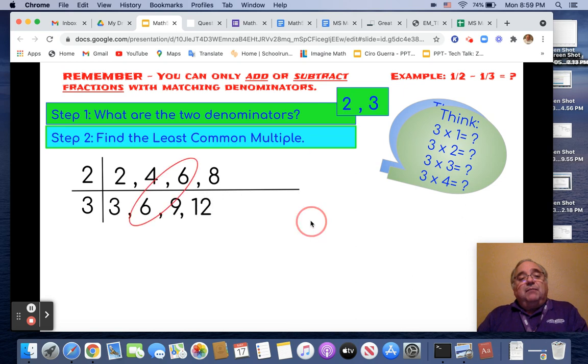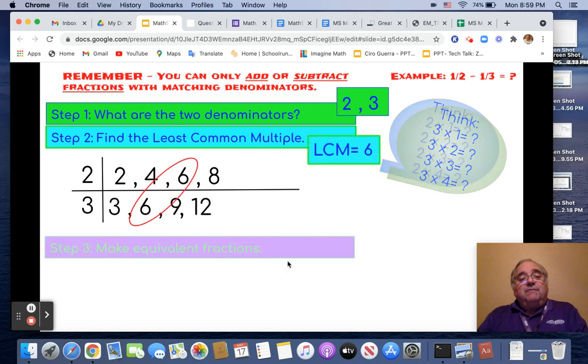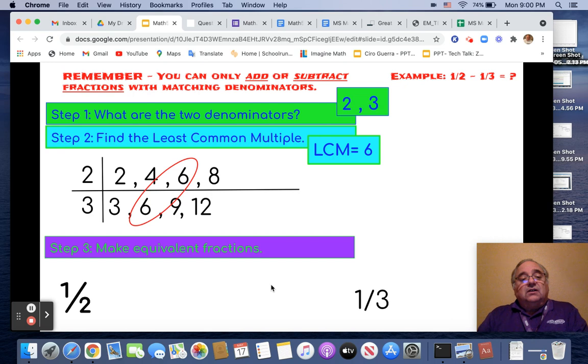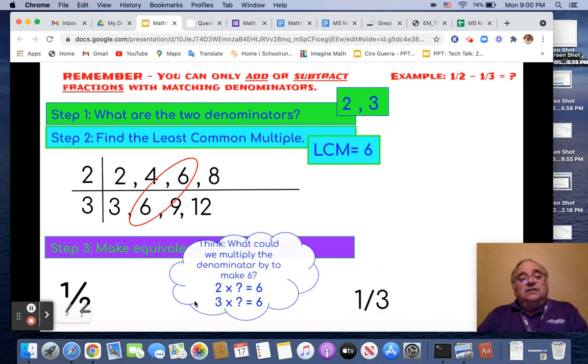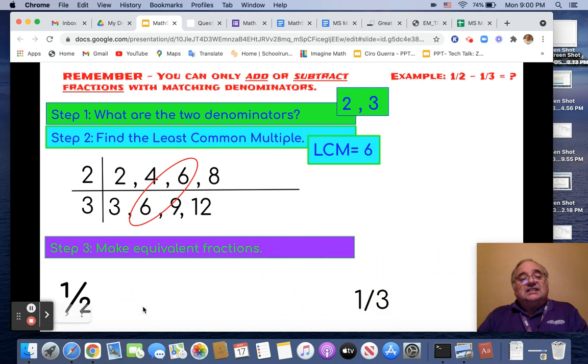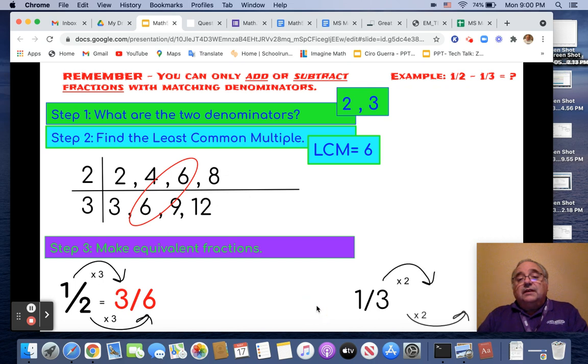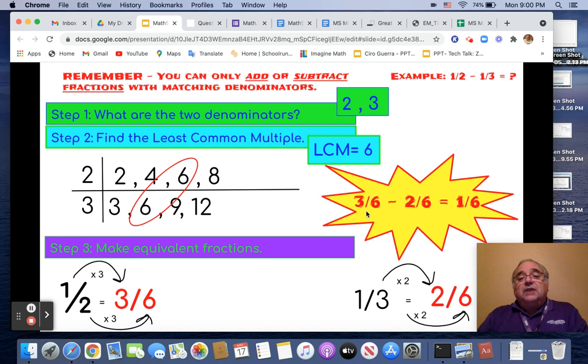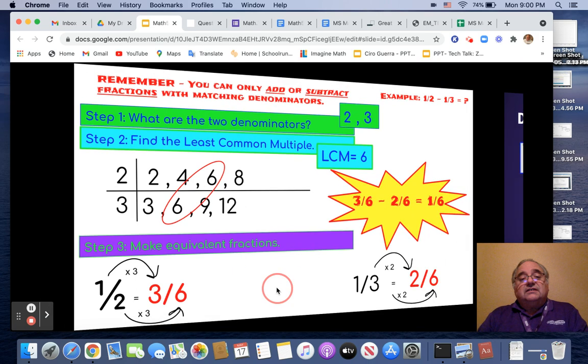We get that by multiplying 1/2 by 3/3, which gives us 3/6. Then we multiply 1/3 by 2/2, and that gives us 2/6. We can go ahead and subtract: 3/6 minus 2/6 equals 1/6.